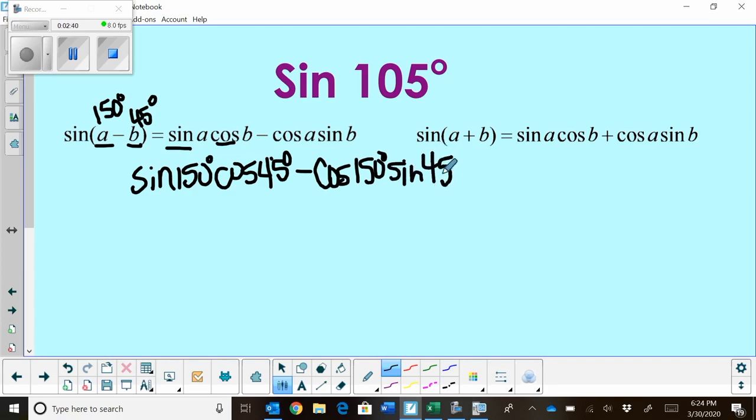So that's how we would expand the difference formula, using values off the unit circle.